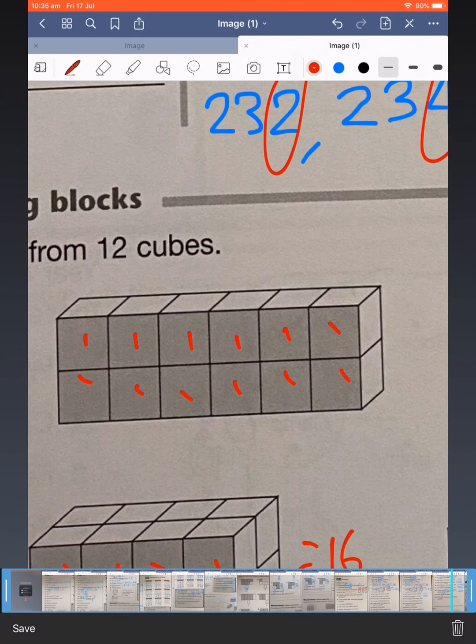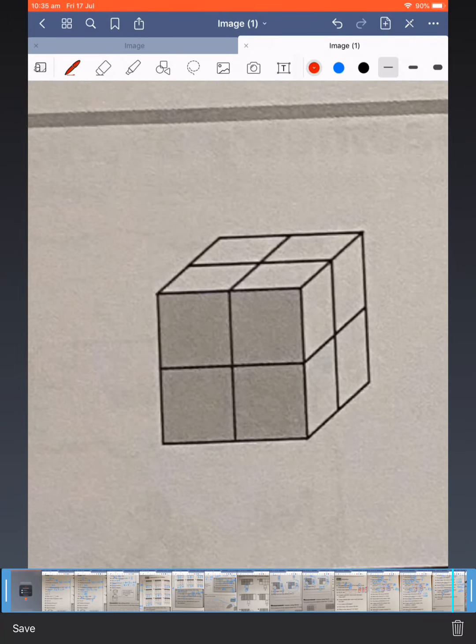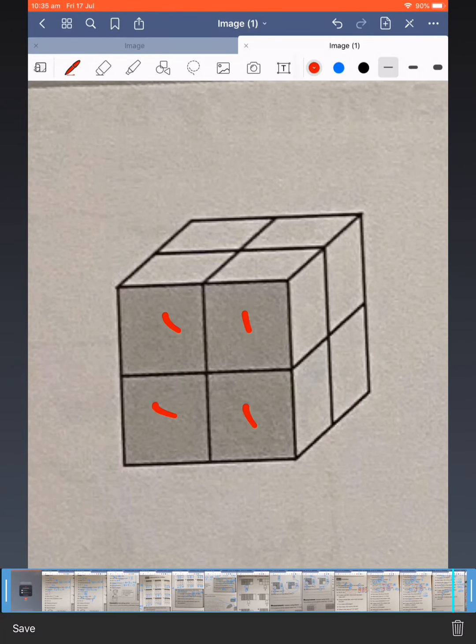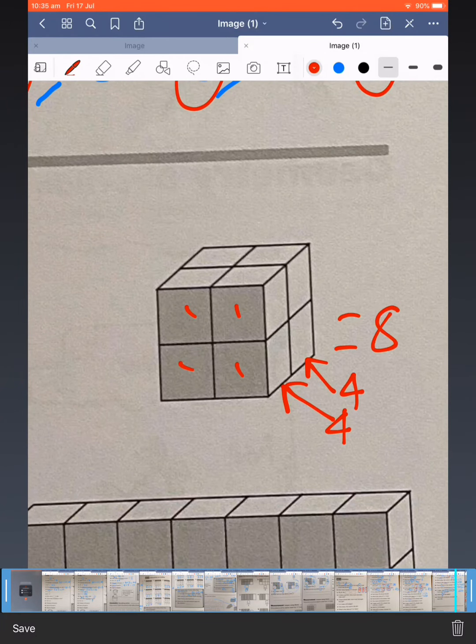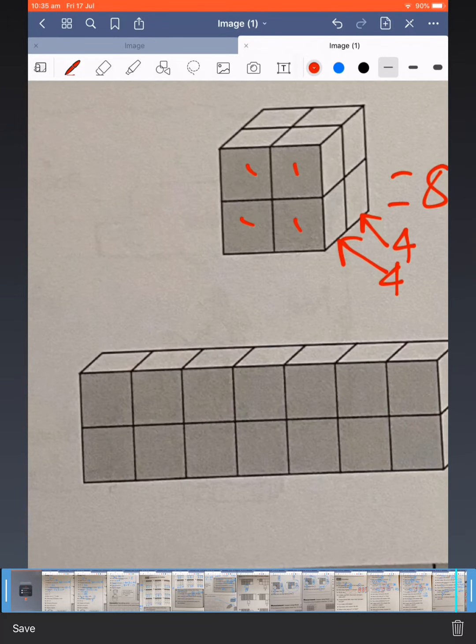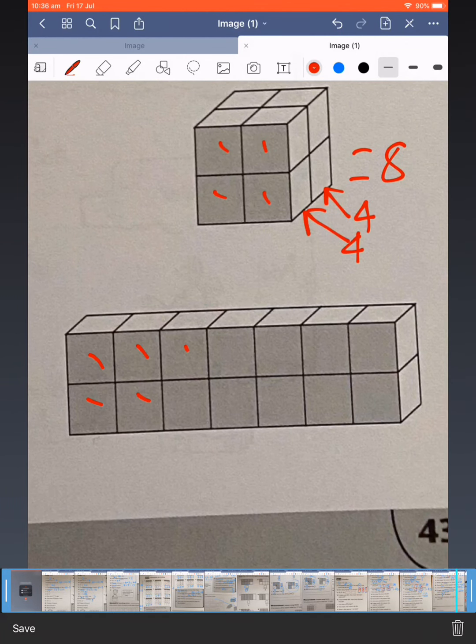It's got 12. This one, let's have a look. 1, 2, 3, 4. Okay, so this row has 4. And there is another row here, which would probably have 4 as well, because it looks very similar to the first row. So that's got 8, so we don't cross that one. And this one, 1, 2, 3, 4, 5, 6, 7, 8, 9, 10, 11, 12, 13, 14. Oh, too many there, so we don't do anything about that.